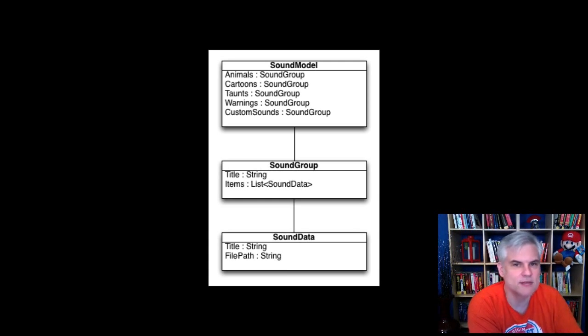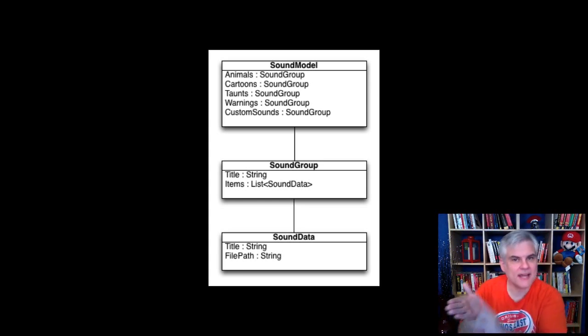Essentially, there are three classes: a sound model class, a sound group class, and a sound data class. And notice that each of the properties in sound model are of type sound group. All right, so in other words, animals, cartoons, taunts, warnings, these are what I've been calling categories, which will eventually become pivot items that we can kind of browse through.